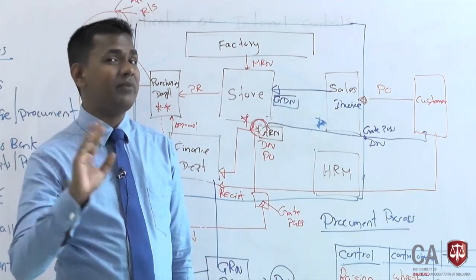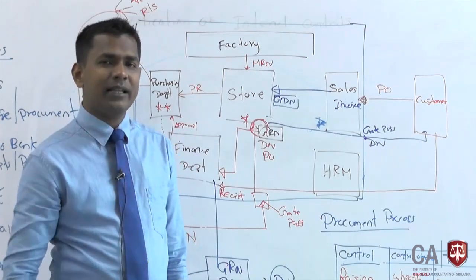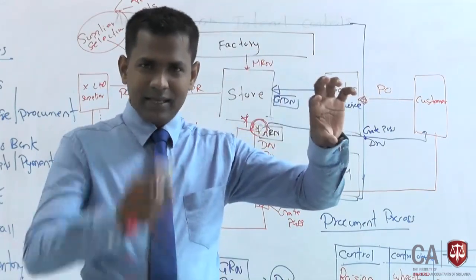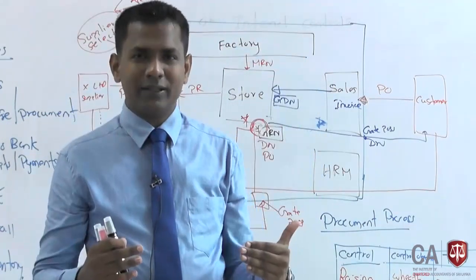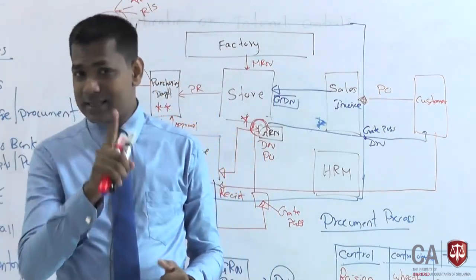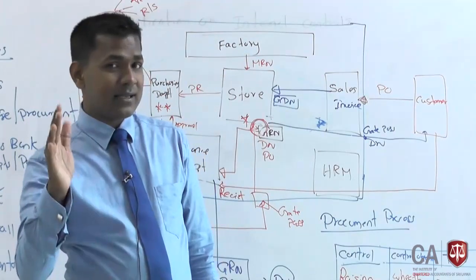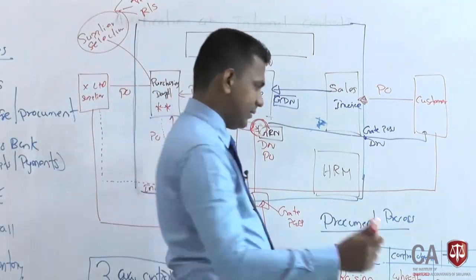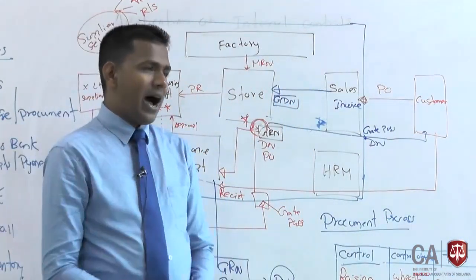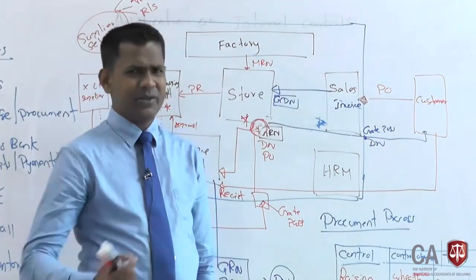You have learned several assertions in terms of transactions. Take one minute and think: what is the number one assertion for transactions? I divided account balances and transactions into two and listed the assertions. For account balances, the most important assertions I told you are existence and valuation, the main two. On the transaction side, the most important assertion is occurrence.